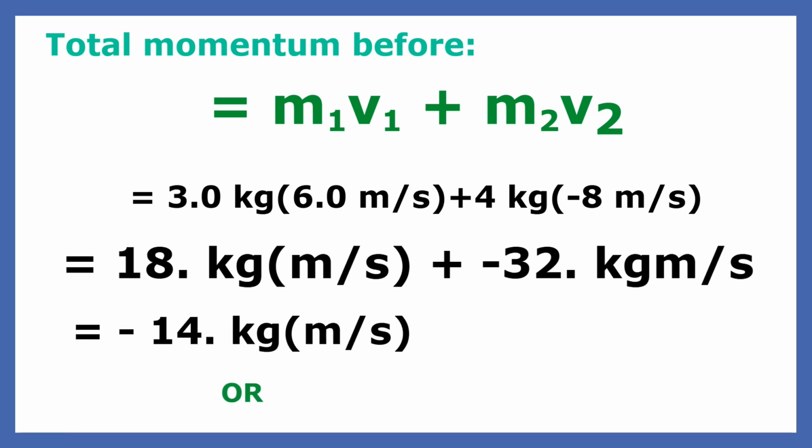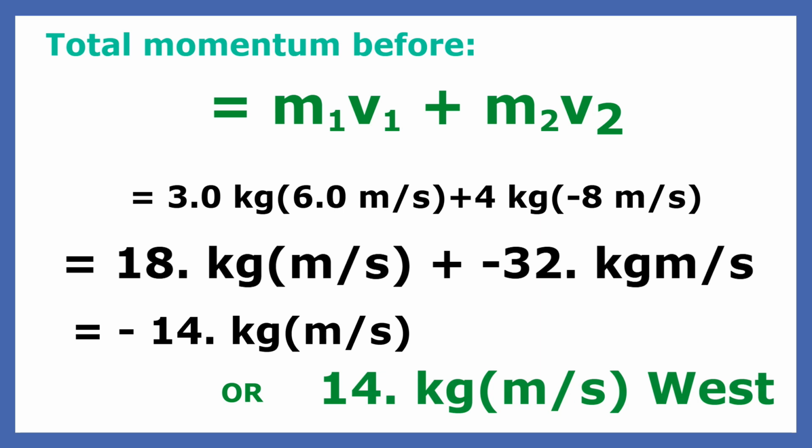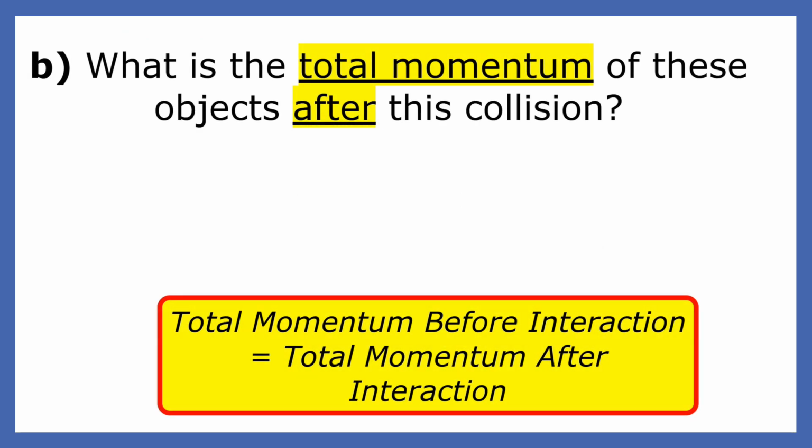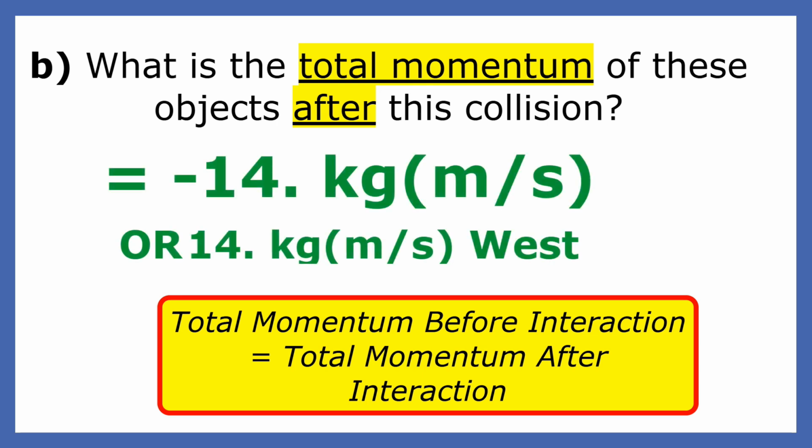That total brings us to negative 14 kilogram meters per second, or 14 kilogram meters per second west. Notice if we drop the negative, we then add the direction west. The total momentum before and after this interaction is negative 14 kilogram meters per second, or 14 kilogram meters per second west.